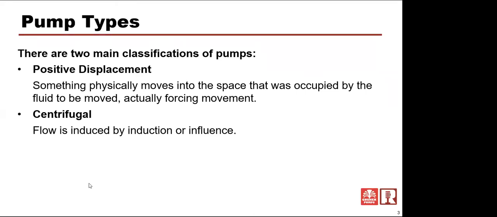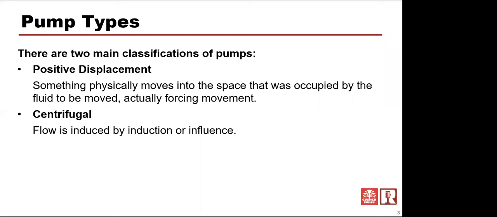So we have positive displacement and centrifugal pumps, and basically centrifugal pumps create movement by creating a difference in pressures, but it's done by an induction or influence rather than direct force. Now, a centrifugal pump can be stopped by just giving too much back pressure or too much resistance, such as closing a valve. It can stop all flow and generally survive, at least for a short period of time, whereas a positive displacement would have a severe problem with that.